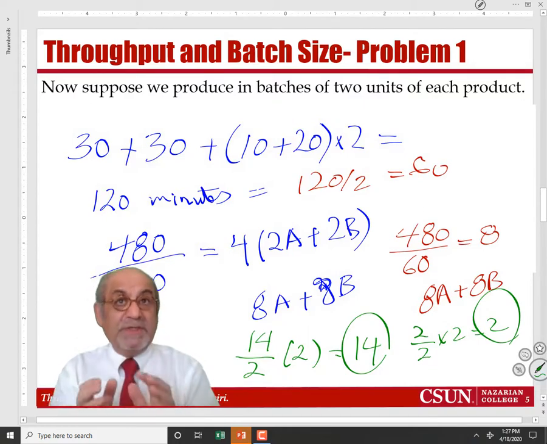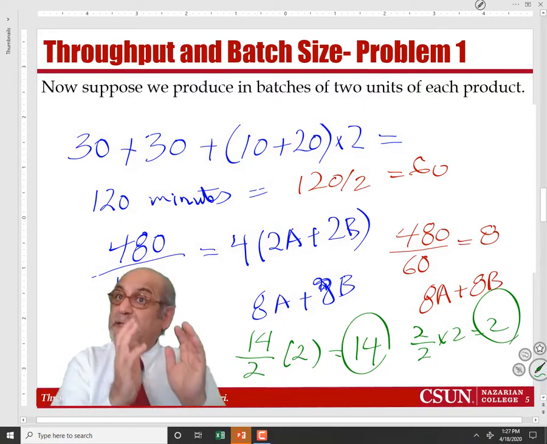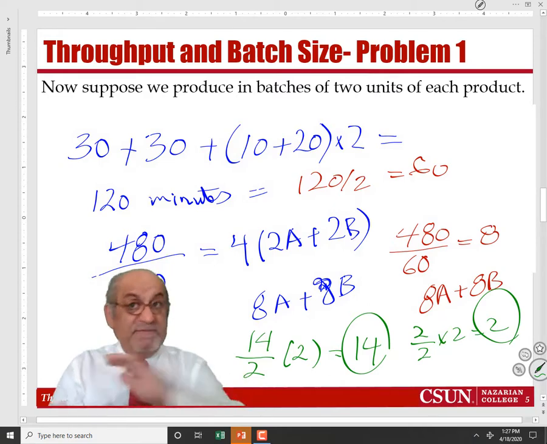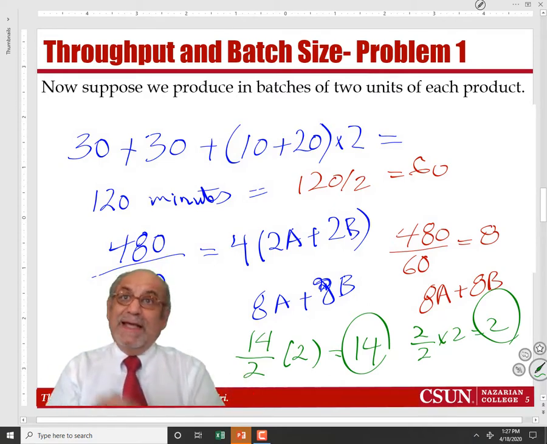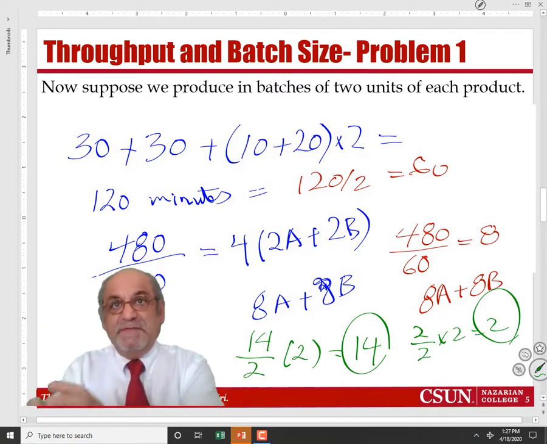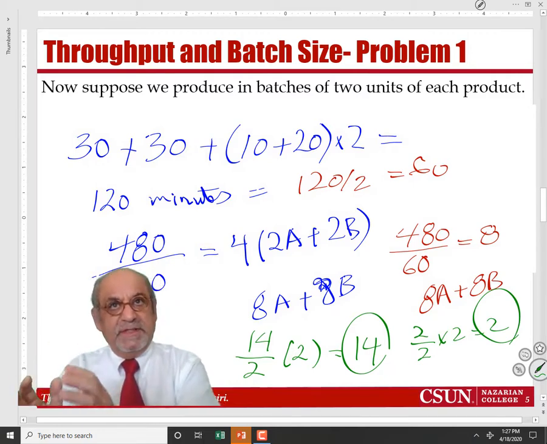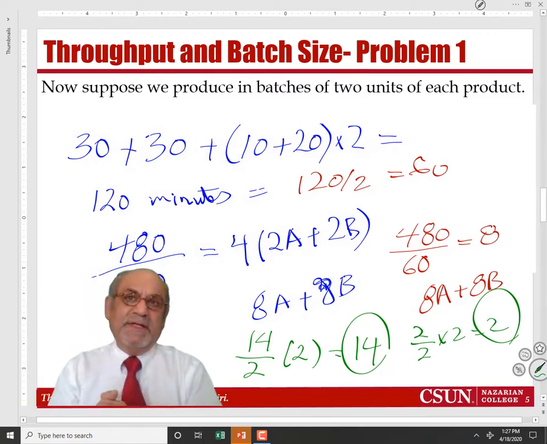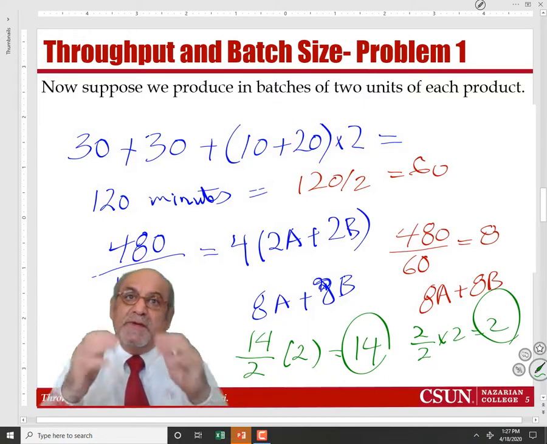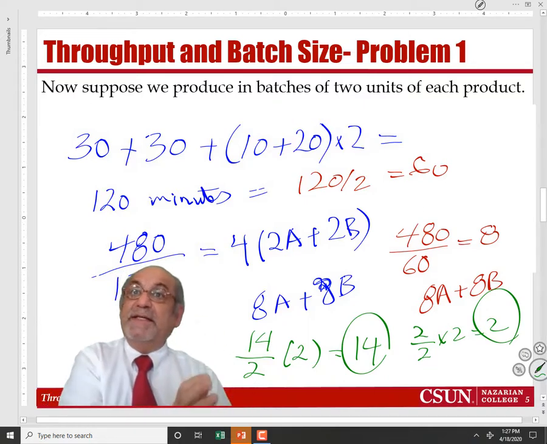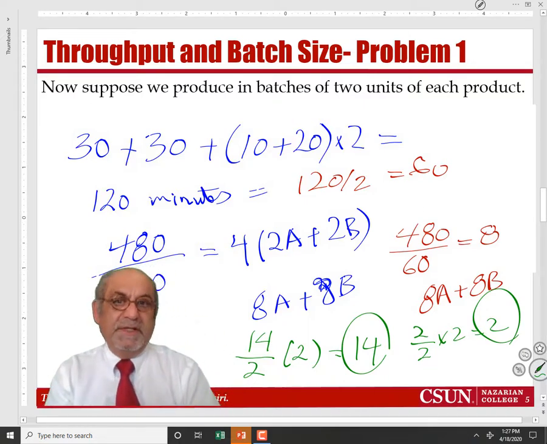We want to make sure that the bottleneck is utilized at full capacity, and the station upstream the bottleneck will never go under a capacity less than what the bottleneck needs.